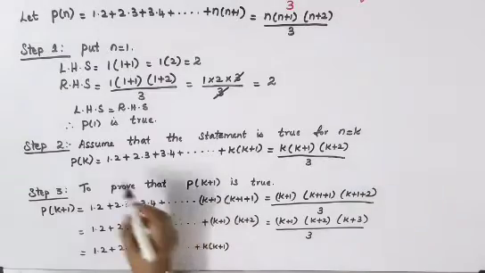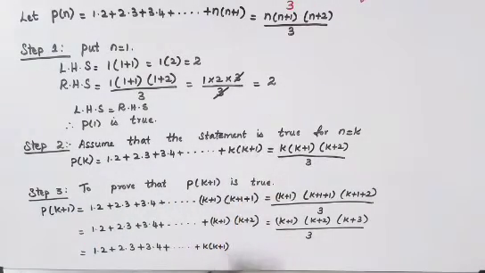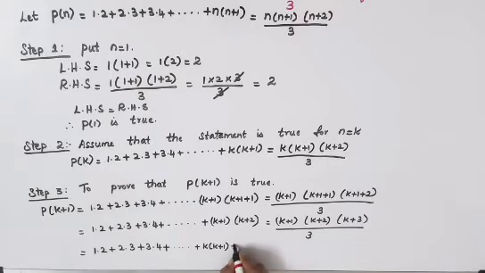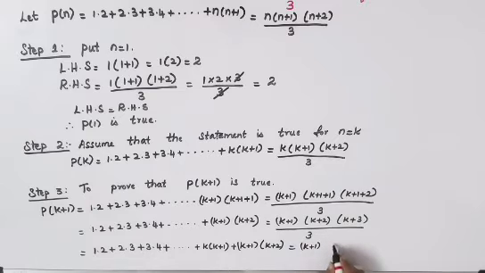Otherwise just see your step 2 last term and replace it over there, that will be correct. Plus, now write this one, k plus 1 into k plus 2, which is equal to, this is there as it is, so k plus 1, k plus 2, k plus 3 divided by 3. We'll just mark this as equation 1.